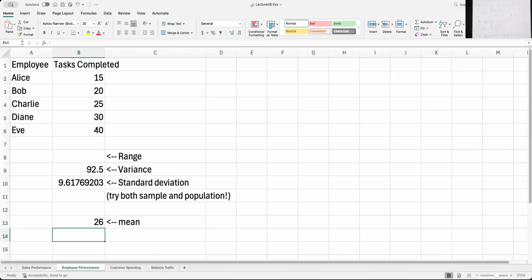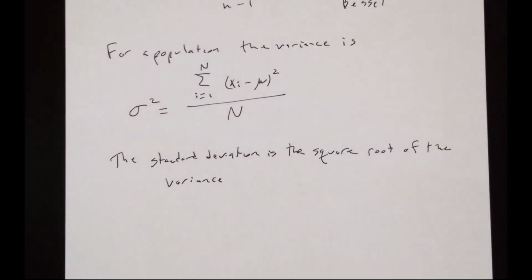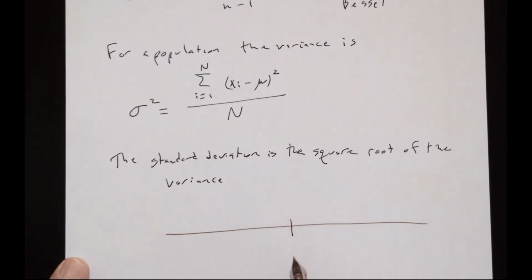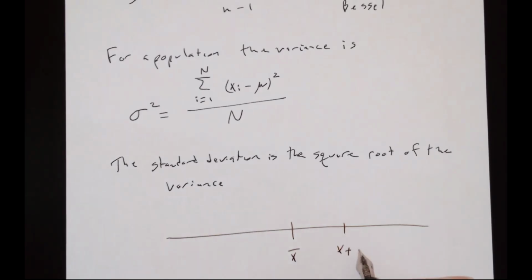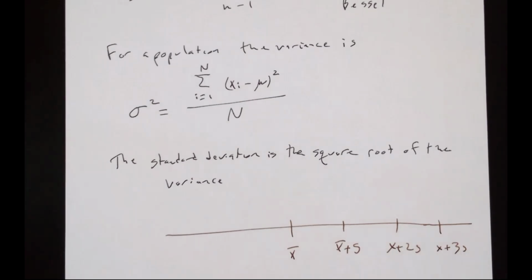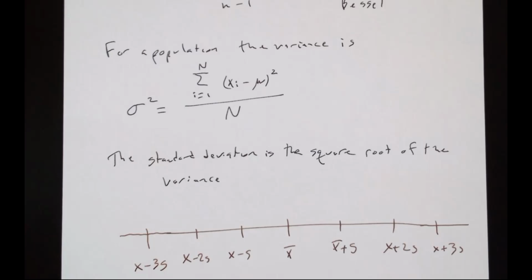Frequently, we'll draw a number line, our average in the middle, and we'll mark off intervals in terms of the standard deviation, going both in the positive direction and the negative direction.